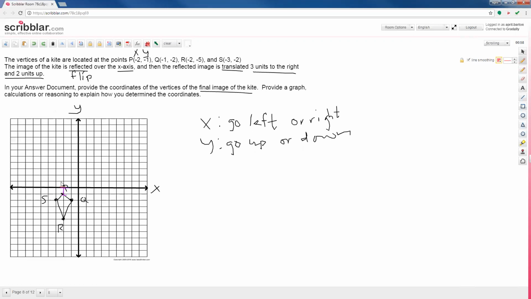We're going to go one space above, and that takes us to the new point P. The new point P, which they call the image, they'll put a little apostrophe. I don't think you'll be docked any points if you don't put an apostrophe, but if you see P apostrophe, that's P prime, and it just means that's the new point.